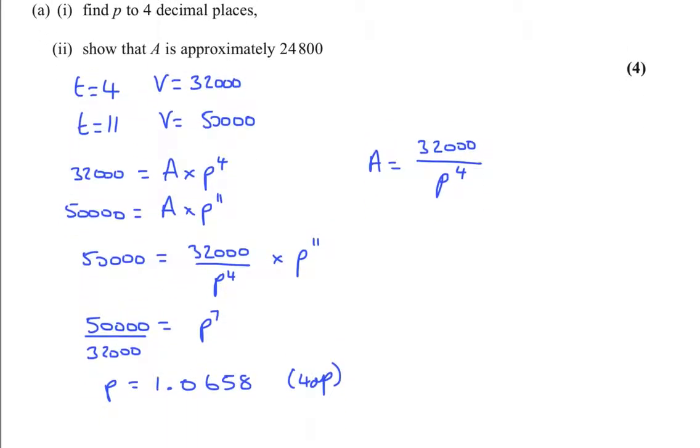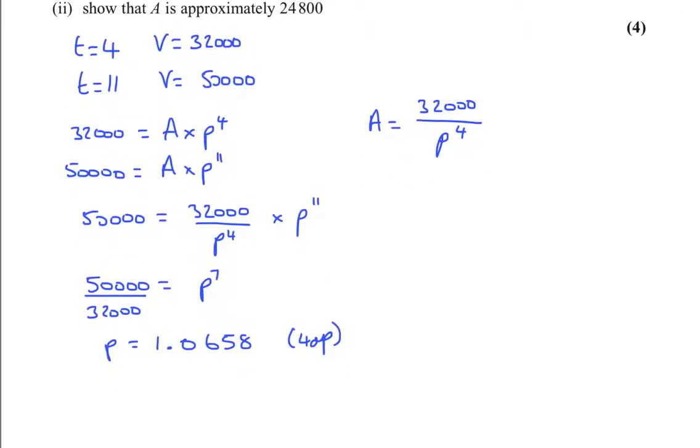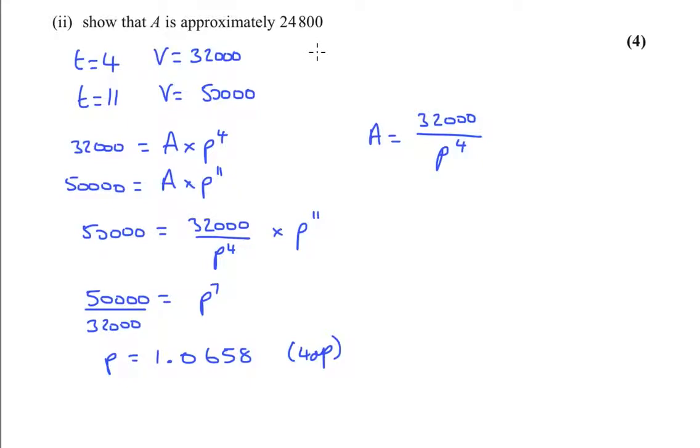We had to substitute it in for both of these two situations and show that for both times they rounded to 24,800. It wasn't obvious from the question that you needed to do that, because it just appears that this has been rounded to 3 significant figures.